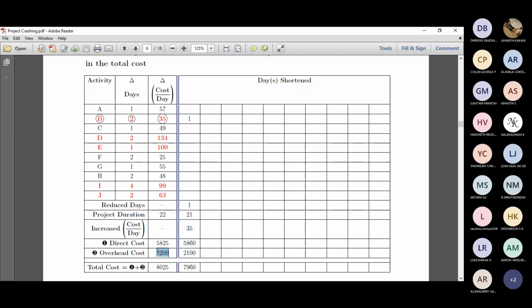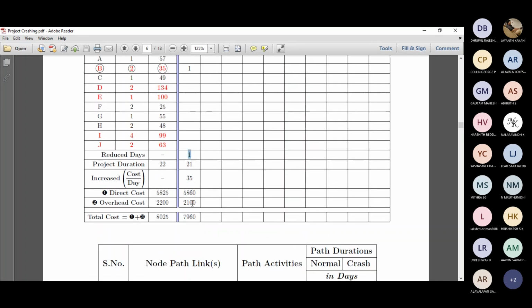And the overhead cost for 22 days is 2200, which is 22 multiplied by 100, whereas in this case it's 21 multiplied by 100, so that becomes 2100. So we have reduced 1 day successfully. The total cost is 5860 plus 2100, which becomes 7960.